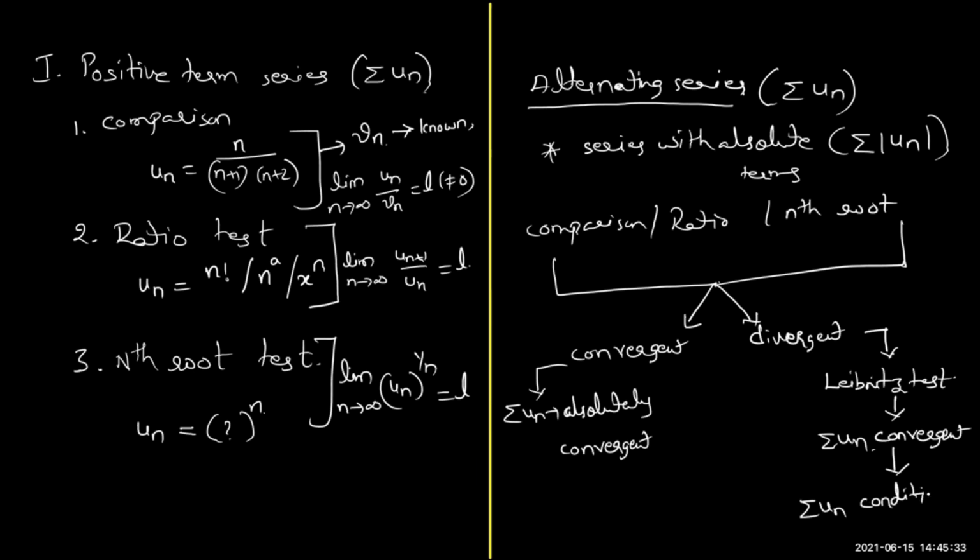We say it is conditionally convergent. So this is the basic idea in the case of alternating series. This is how we actually give a conclusion about the given series, whether it is convergent or divergent.